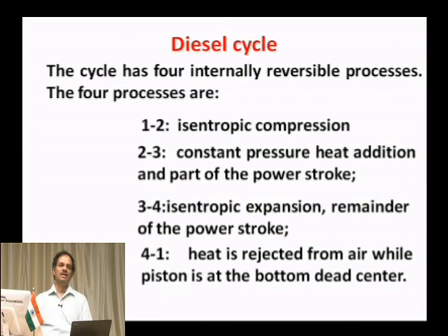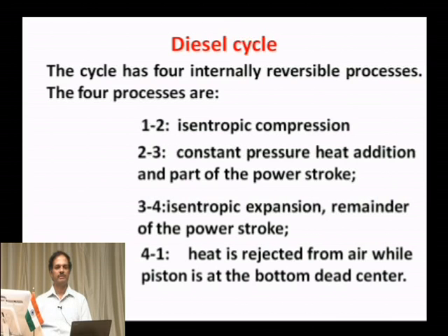Now it has four internally reversible processes. 1-2 is isentropic compression, as in the case of the Otto cycle. 2-3 is constant pressure heat addition, because in the Otto cycle it is constant volume heat addition, whereas here heat is added at constant pressure. And 3-4 is the isentropic expansion, that is the power stroke, and 4-1 is the heat rejection process.